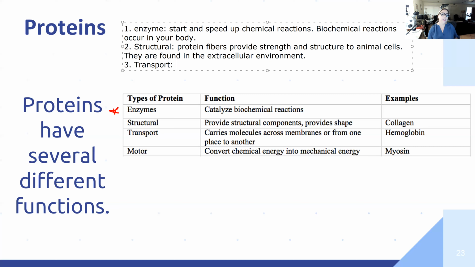So when we say transport, what I mean is carrying molecules from one place to another. So I'm going to write down this example. So hemoglobin in your red blood cells carries oxygen throughout the body.